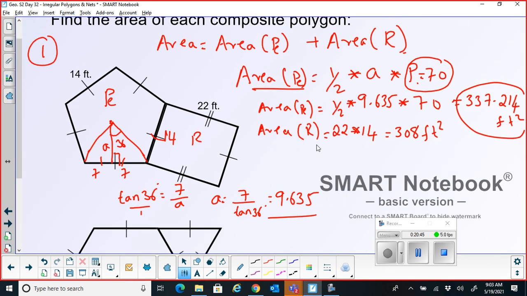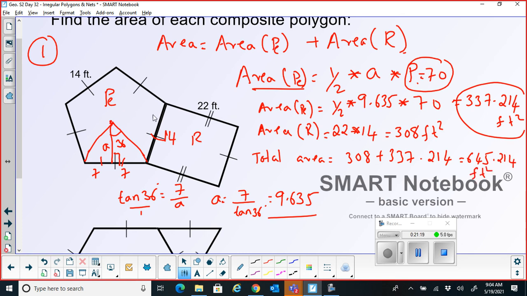So the total area, adding these two, 308 plus 337.214, gives us 645.214 square feet.